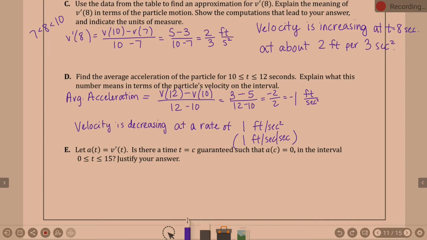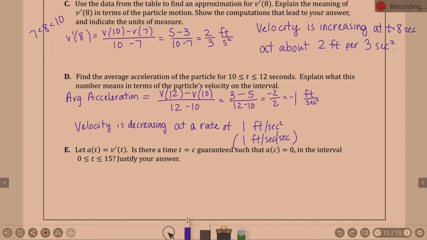Now, we can use information from prior parts here. It's the same as B. It's continuous. So we have to note, is this going to be continuous? Yes, because it was twice differentiable. Then we got the acceleration at 8 seconds, and the acceleration between 10 and 12.